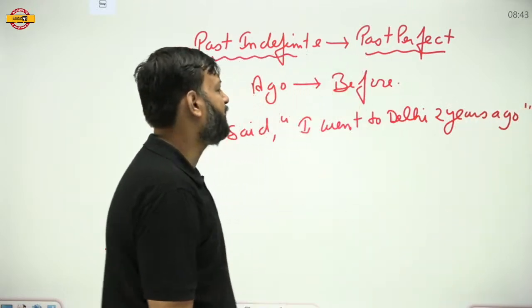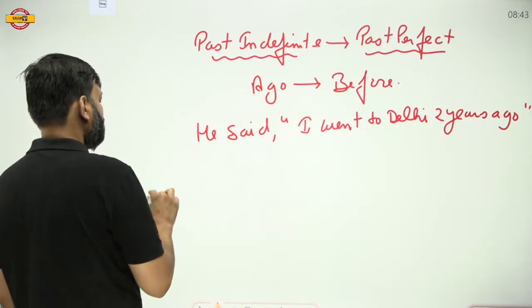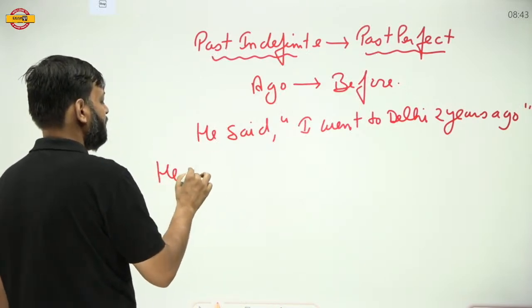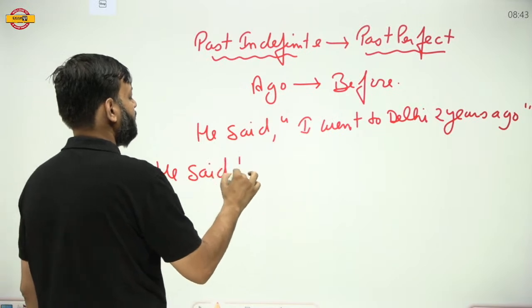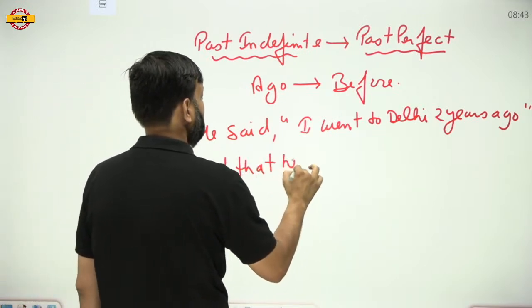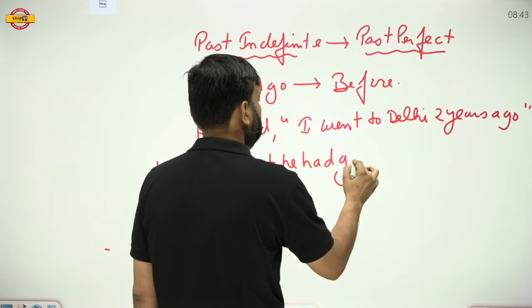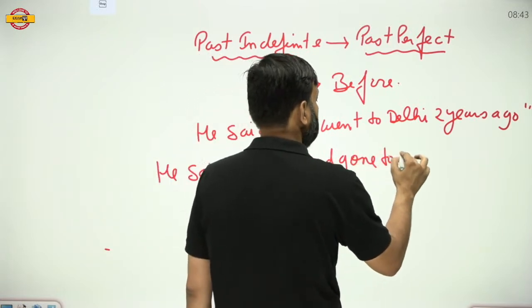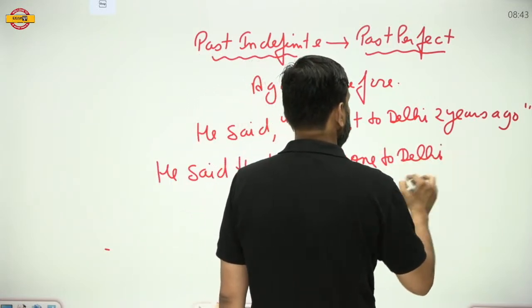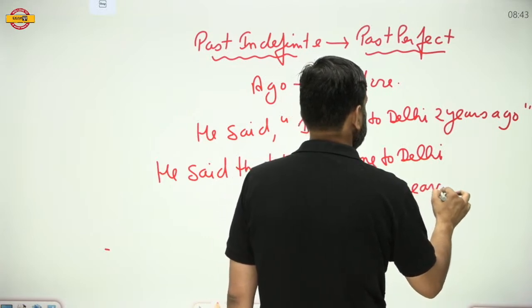If this is a direct sentence, it must be changed into indirect, like he said that he had gone to Delhi 2 years before.